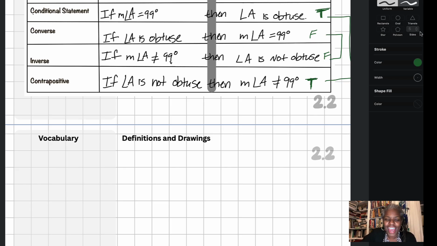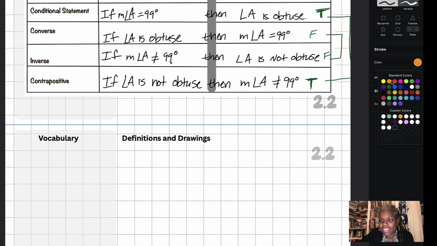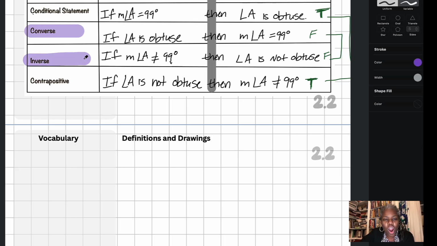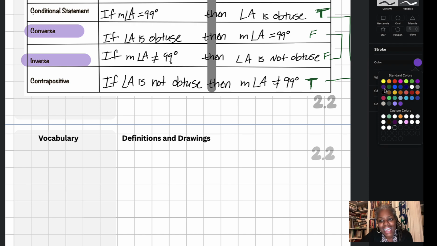When we have these different types of statements, the original statement, the converse, the inverse, and the contrapositive, there's something interesting that happens. The converse and the inverse are what we're going to call equivalent statements, meaning they ultimately say the same exact thing.